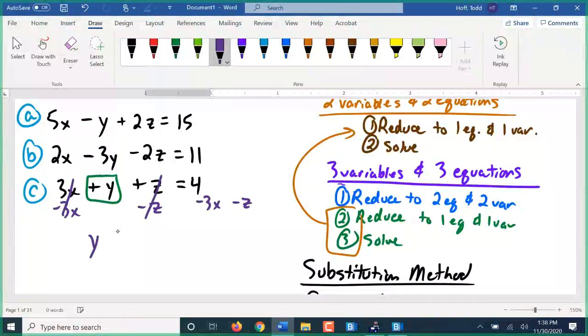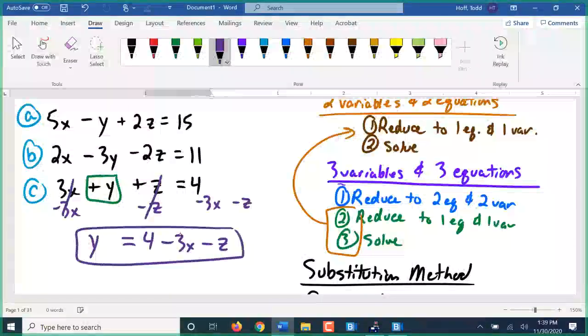The z is canceled out, so all that's left on the left side is y. On the right side, I have 4 minus 3x and minus z. That is my new equation C. Now it's important that I keep track that that is equation C because this has to be substituted back into both of the other equations.